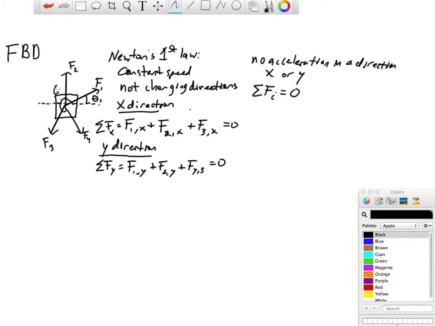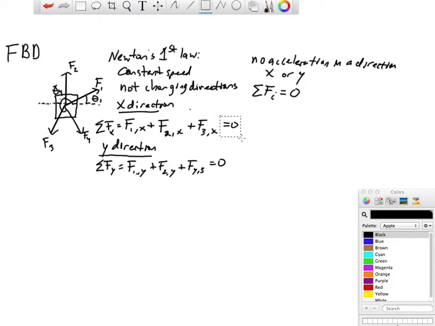So this is theta 4. I give you F1, F2, and F3, and their directions. With the angle and the magnitude of the force, which means the strength of the force, how big that force is, with those two numbers you can find all the components.